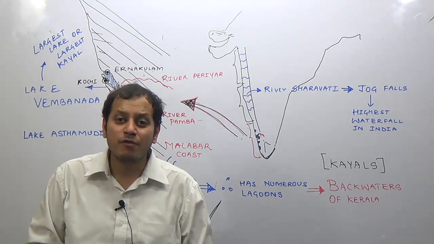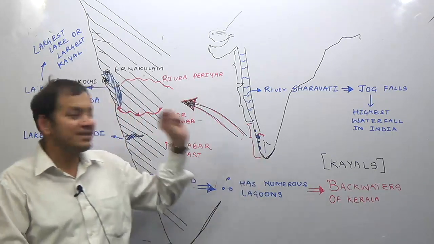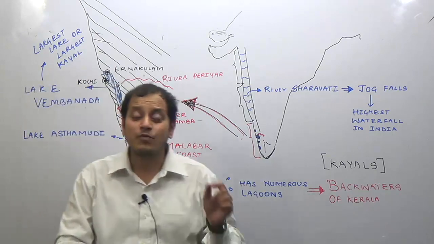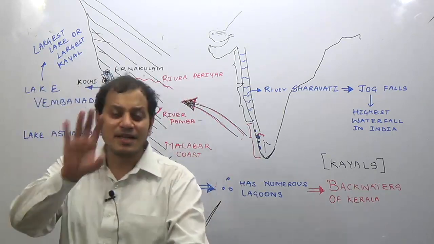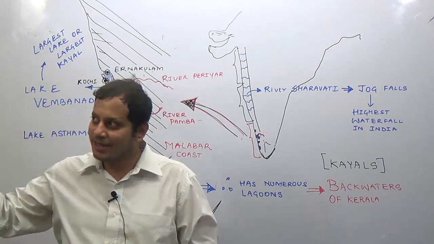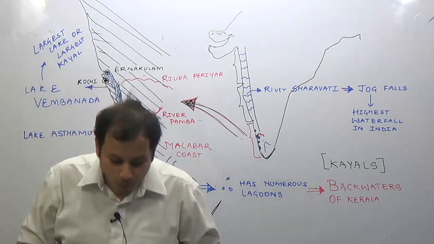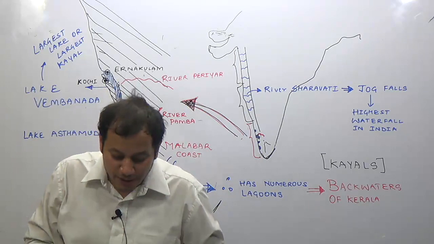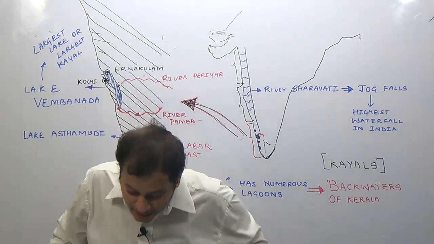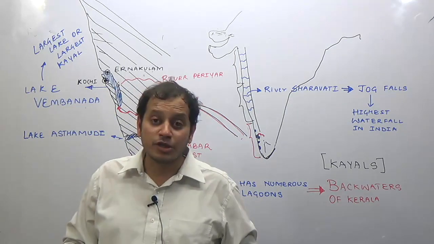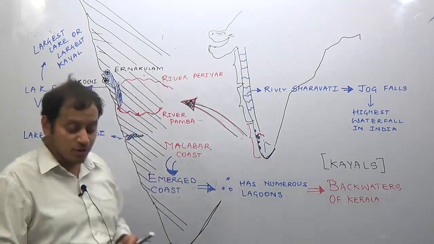Puducherry is made up of 4 parts: Puducherry, Karaikal, Yanam, and Mahe. Out of this, 3 parts are on the eastern coast of India, while one part is on the western coast of India. And I am asking you, which part of Puducherry lies on the western coast of India?